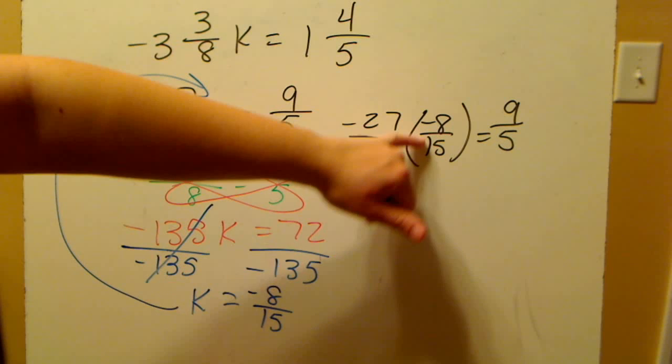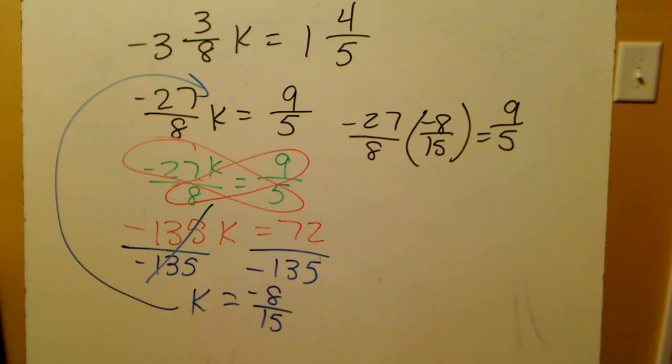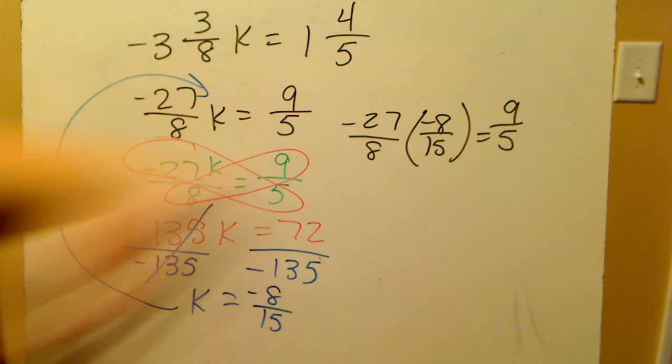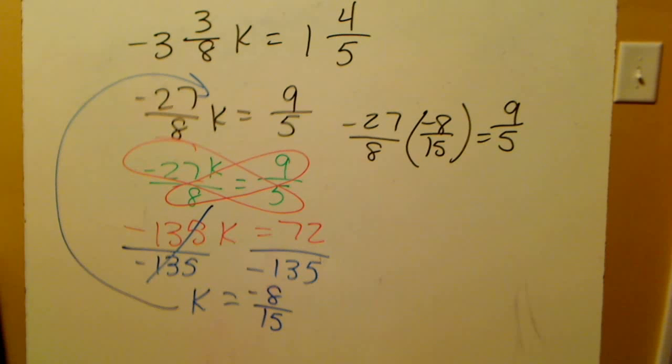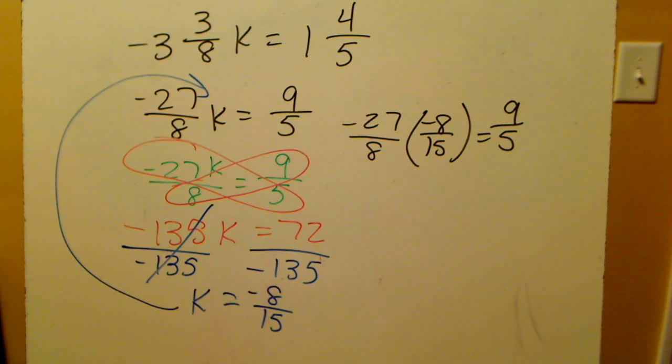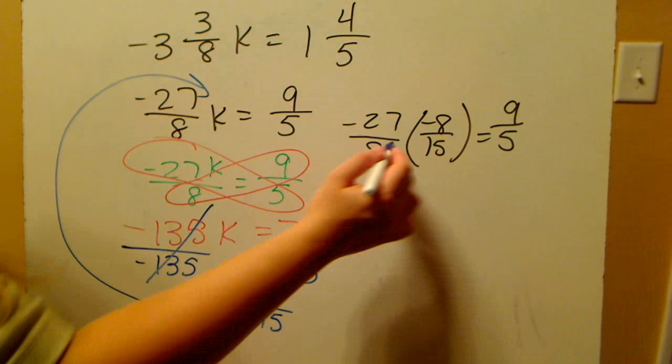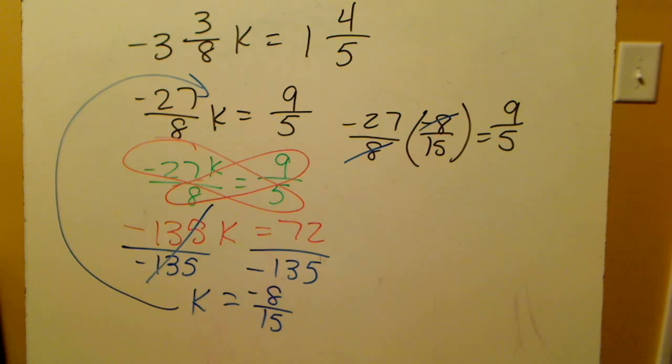I see my negative times a negative is going to give me a positive. So far I'm okay. We can cross simplify. I've got an 8 here and an 8 here. Those two can be crossed out, so I'm going to go ahead and cross those out. Now I'm left with negative 27 over 15. If I simplify negative 27 over 15 by 3, it will give me 9 over 5.